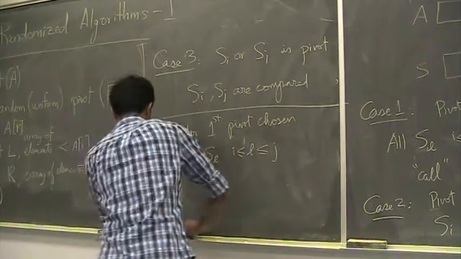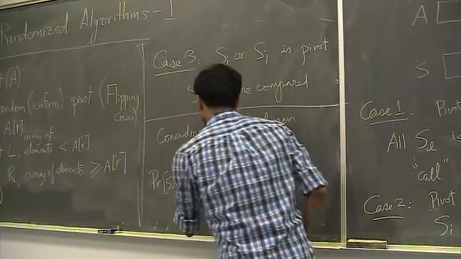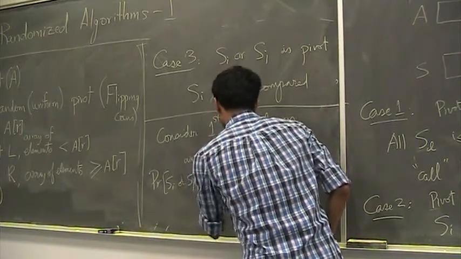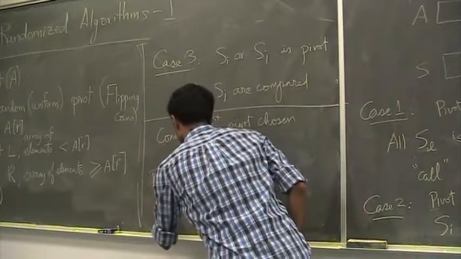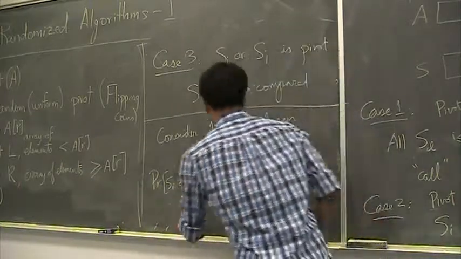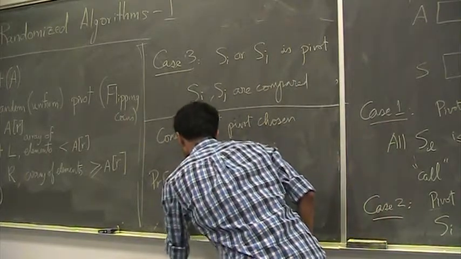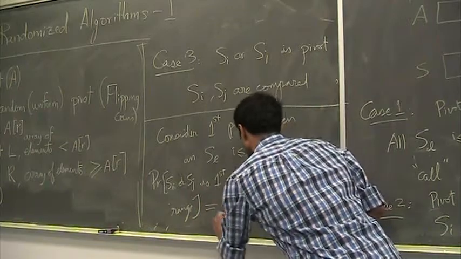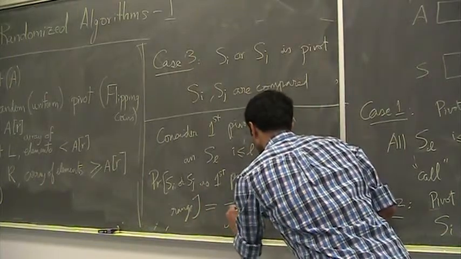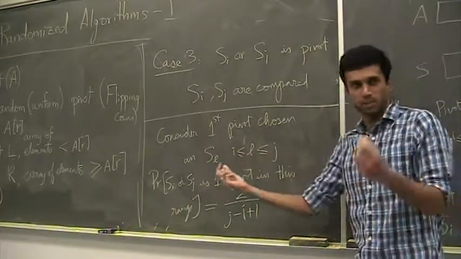So the probability that Si or Sj is the first pivot in this range is equal to 2 divided by j minus i plus 1, because that's how many numbers there are.